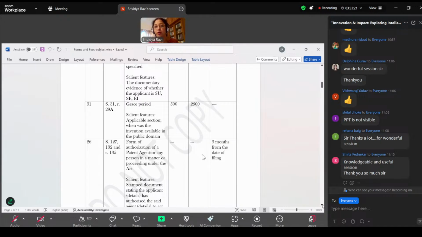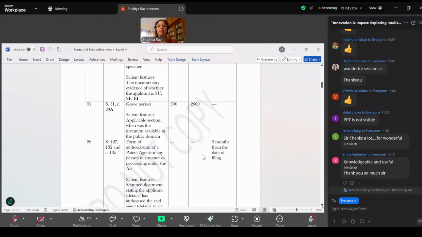Suppose you publish today, on 25th July 2025. If you apply for a patent application before 25th July 2026, and you submit a 500 rupee fee through Form 31 and say within a year I'm submitting, I am the inventor, I am also the author in the publication, or the presenter in the conference proceedings, then the patent office will consider this declaration and allow you to file the patent application without that particular publication or conference proceedings impacting the novelty of your invention.